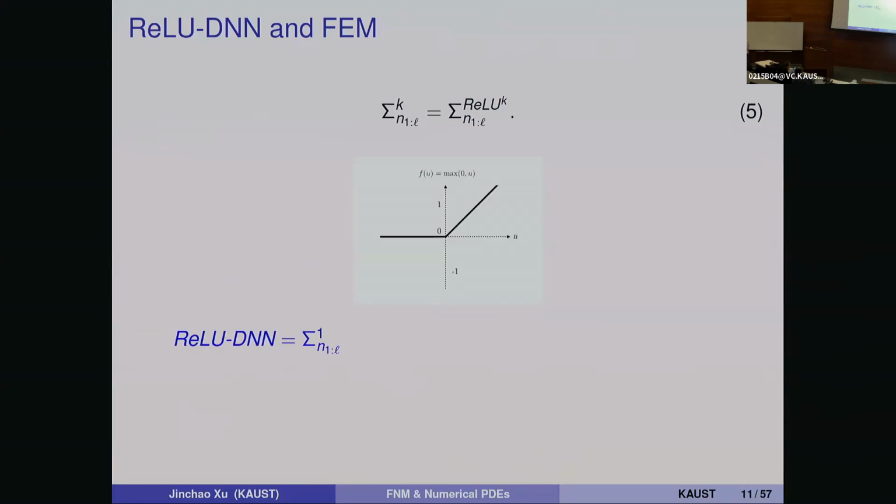So one of the most popular activation functions is what we call ReLU, and I like it because it's like finite element, piecewise linear functions. The interesting thing is that you can also do ReLU to the power k.